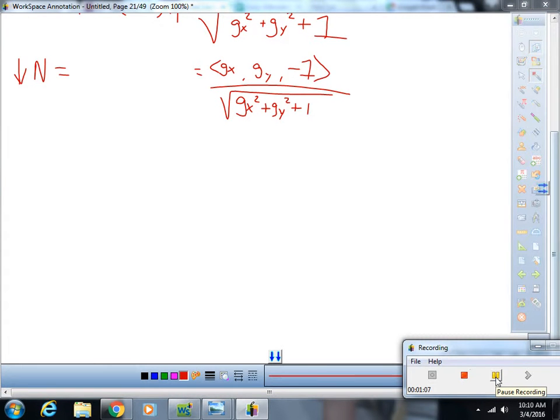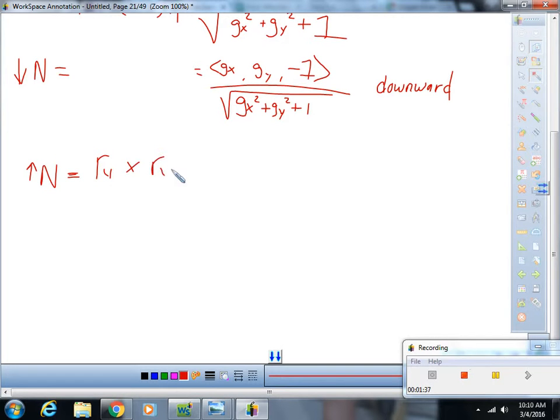Now the next set of equations is how to find the normal vectors if you were given the surface parametrically. So this is the upward one, and remember this was the downward one. So n positive is just r sub u cross r sub v over the magnitude of r sub u cross r sub v.